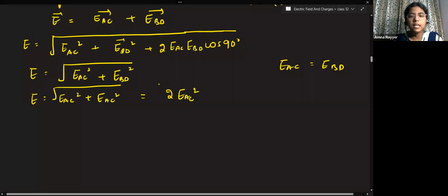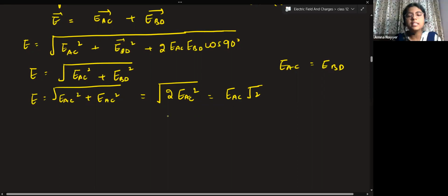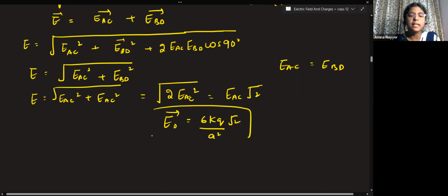So EAC square under root makes it EAC root 2. Is this clear till here? Yes, teacher. Okay, and the magnitude of EAC that we have calculated is 6KQ by A square. So ultimately your net electric field at the center becomes 6KQ root 2 divided by A square.